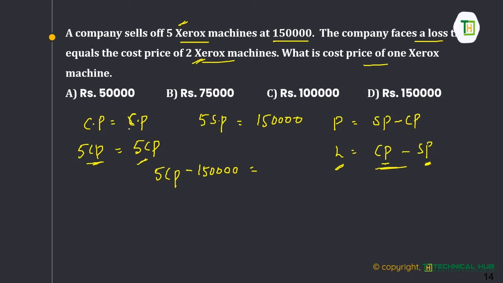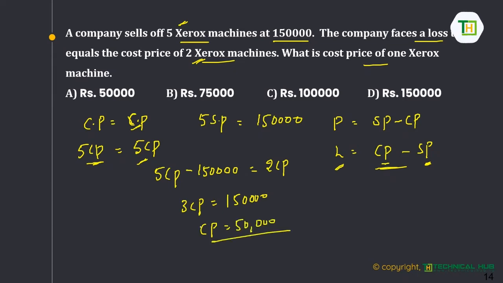One Xerox machine costs CP, so 2 Xerox machines cost 2 CP. So 5 minus 2, that is 3 CP, equal to 1,50,000. Then CP is equal to 1,50,000 by 3, that is 50,000.